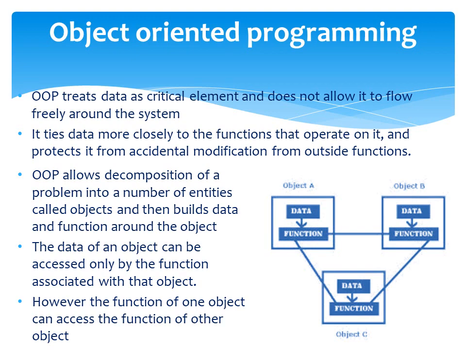As shown in the image, a function of object A can communicate with a function of object B or object C. In the same way, a function of object B can communicate with functions of object A and object C, and the same is applicable for object C.